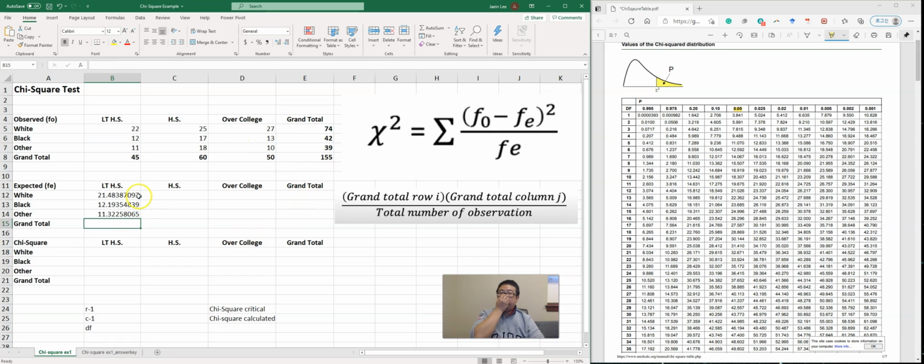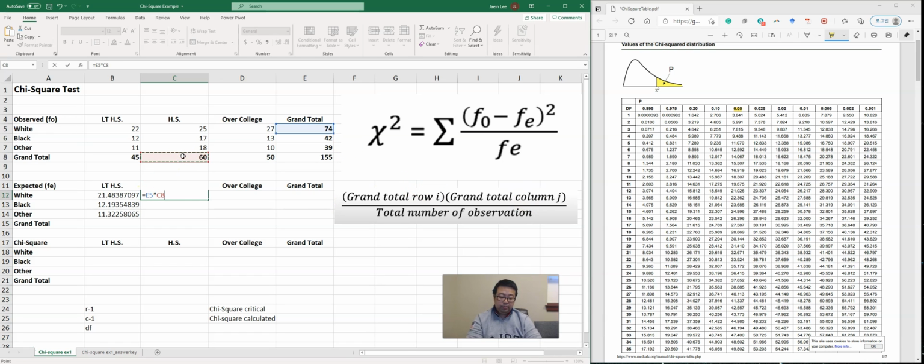Okay, so we found the expected frequency of the less than high school. So we are doing the same. The grand total multiplied by grand total of the column divided by total number of cases.